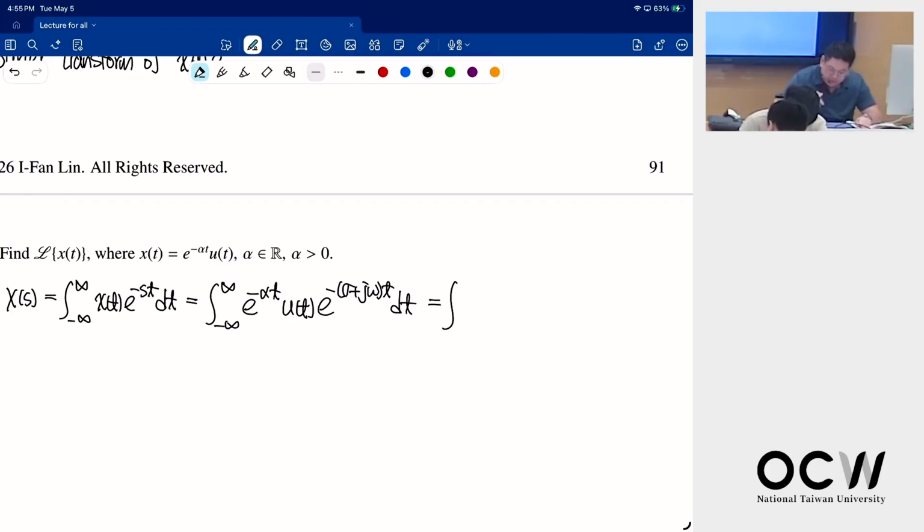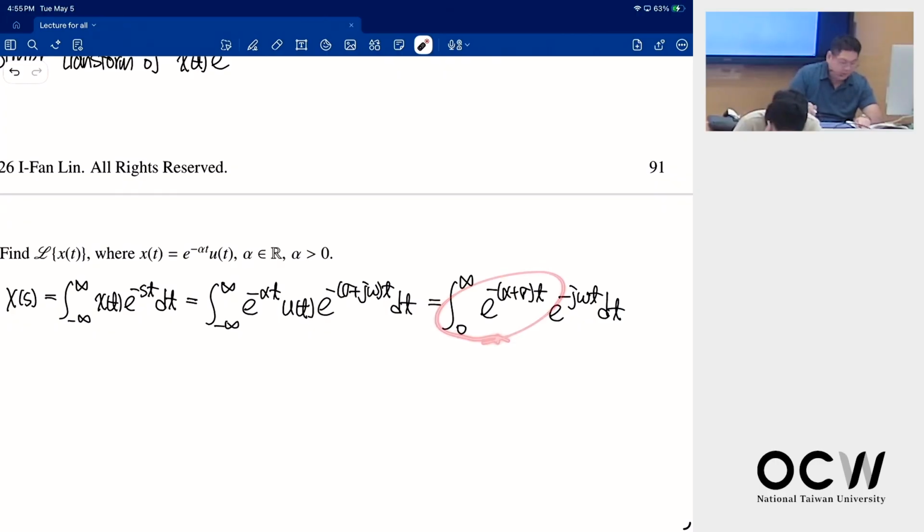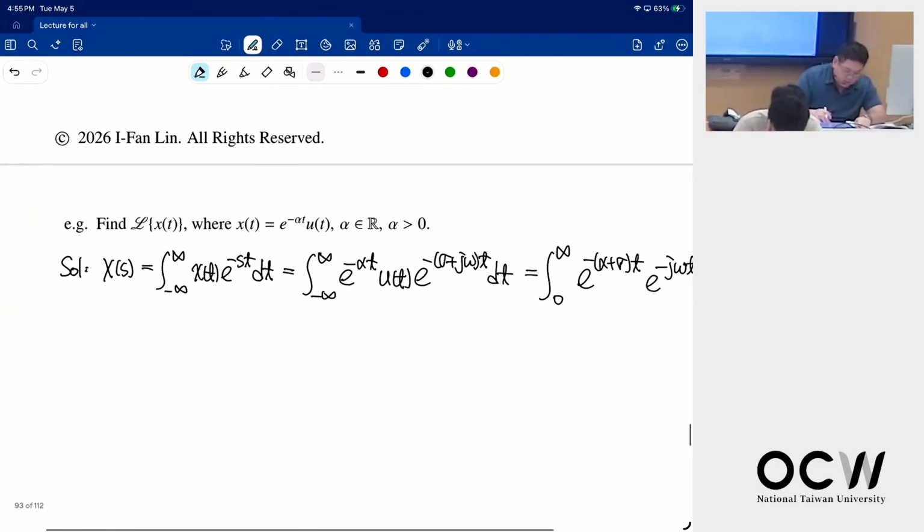So for the unit step function, I only need to integrate from 0 to infinity, e to the minus (alpha plus sigma) t and e to the minus j omega t dt. Fourier transform of this one. Okay.